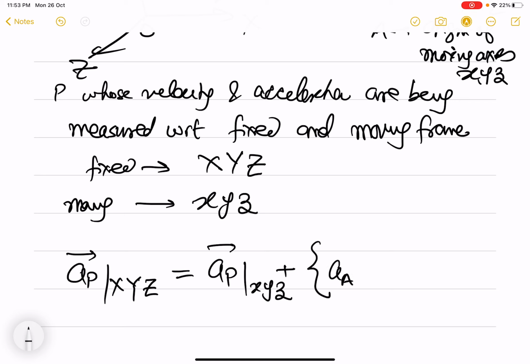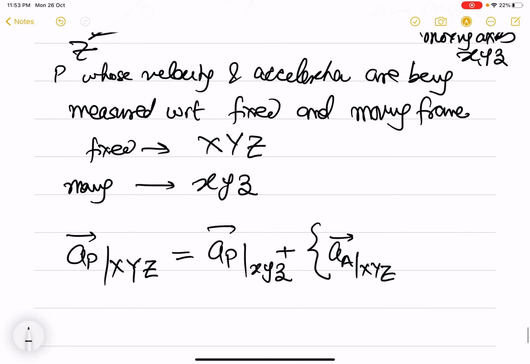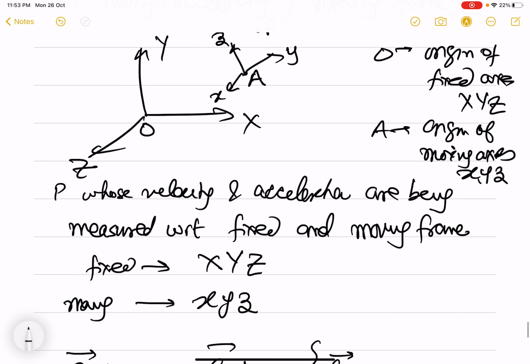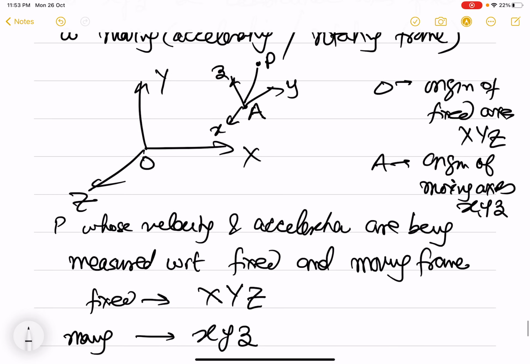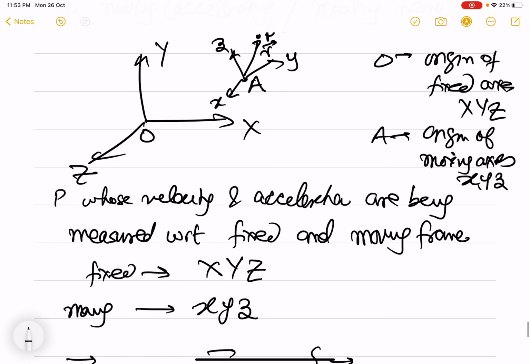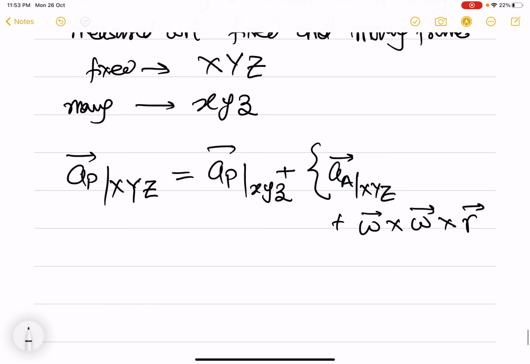The first term is acceleration of the origin of the moving frame. Which are the other terms? The second term is omega cross omega cross r. Now what is r? r here is the position vector in the moving frame.